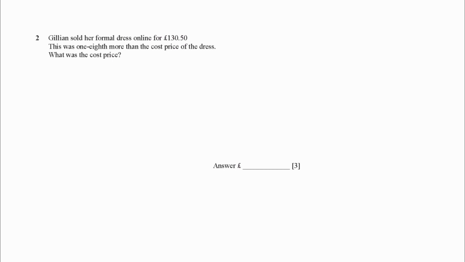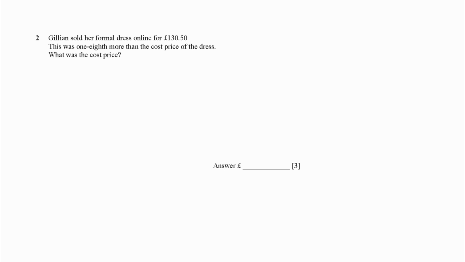Question 2 is: Gillian sold her formal dress online for £130 and 50 pence. This was 1/8 more than the cost price of the dress. What was the cost price of the dress? So with this question, definitely try to read the question to understand it better.